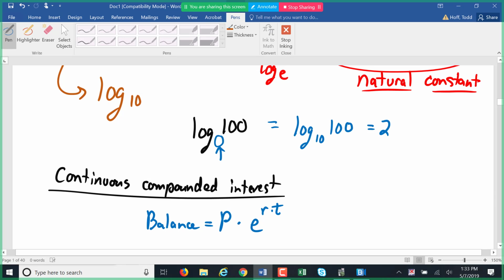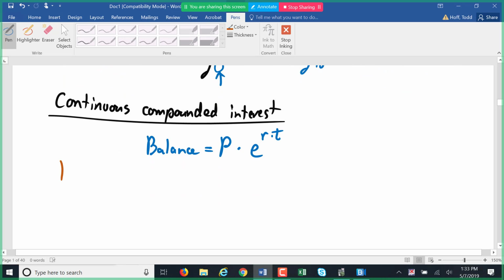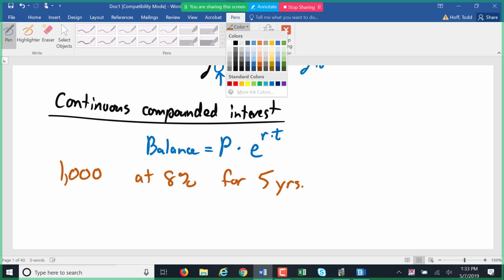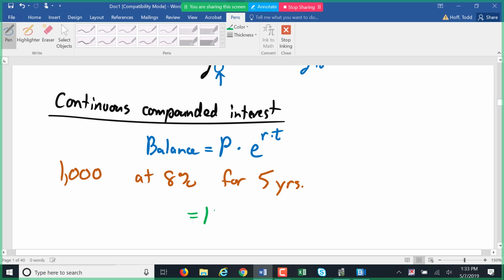So if I invest $1,000 at 8% for 5 years, that would give me a balance of 1,000 times E to the power of 0.08 times 5.